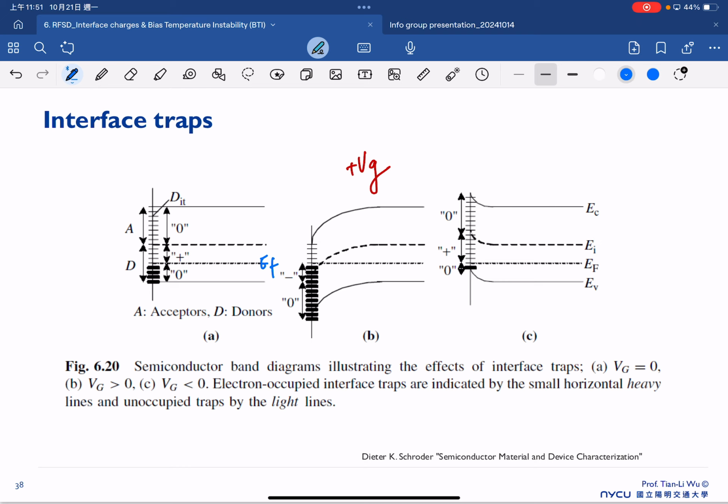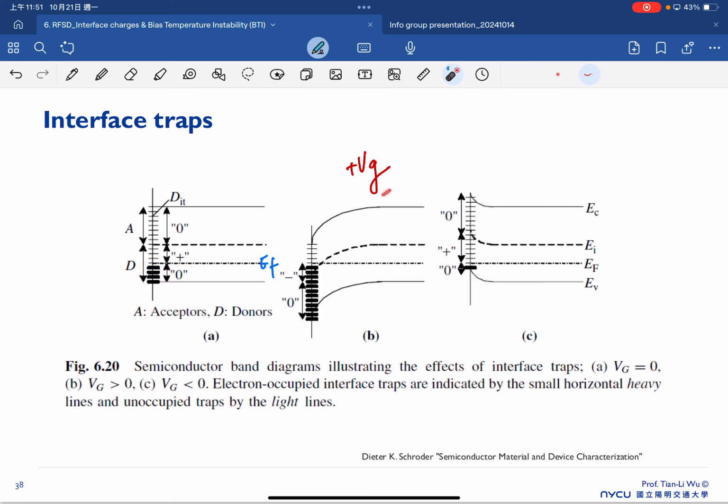We actually consider the same concept. If you have a state below EF, because there are a lot of electrons in the states below EF, the electrons can easily access this defect, and that's why we see this black bar here, which means it's trapping.